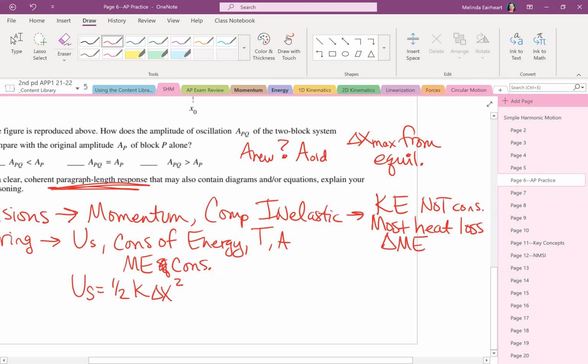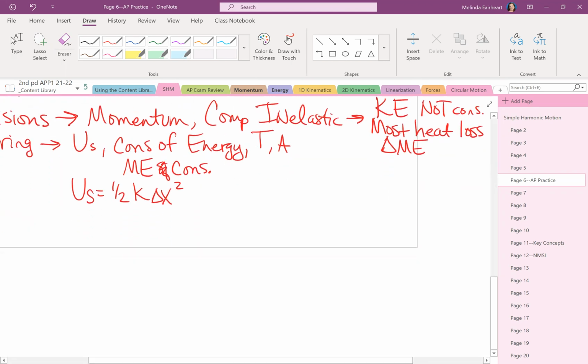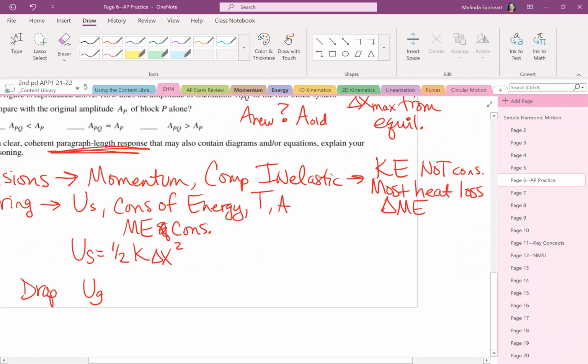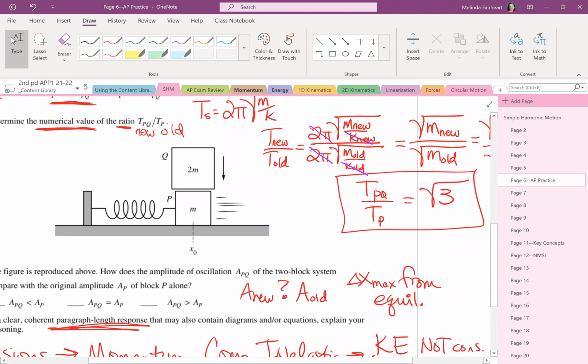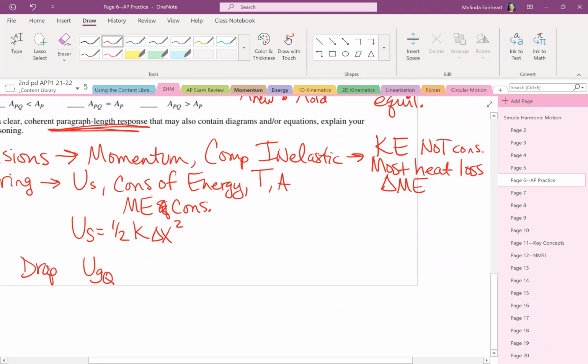So let's actually start with energy at the beginning of the drop. And so for the drop phase, we have a gravitational potential energy of which mass? Which block is dropped? Q, sorry. Okay, so it's dropped in free fall, and all that potential energy is going to do what?